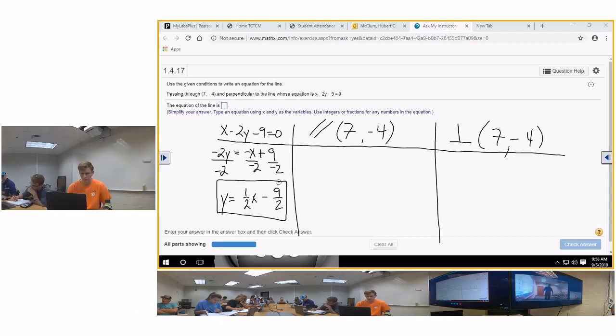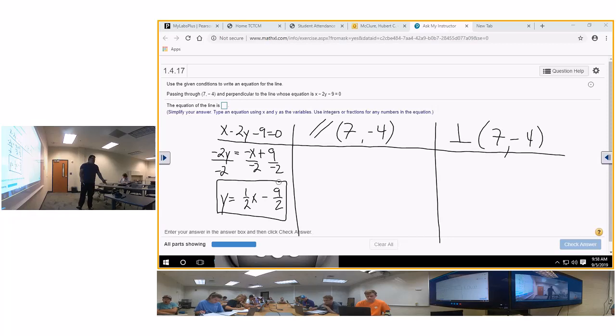Did everybody get 1/2 x minus 9/2? Okay, so this m is going to be equal to 1/2, and this m is going to be equal to negative 2.